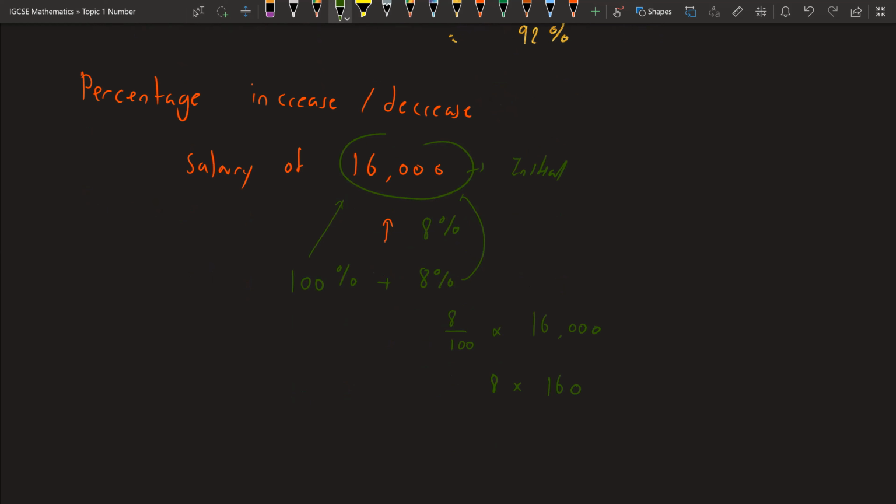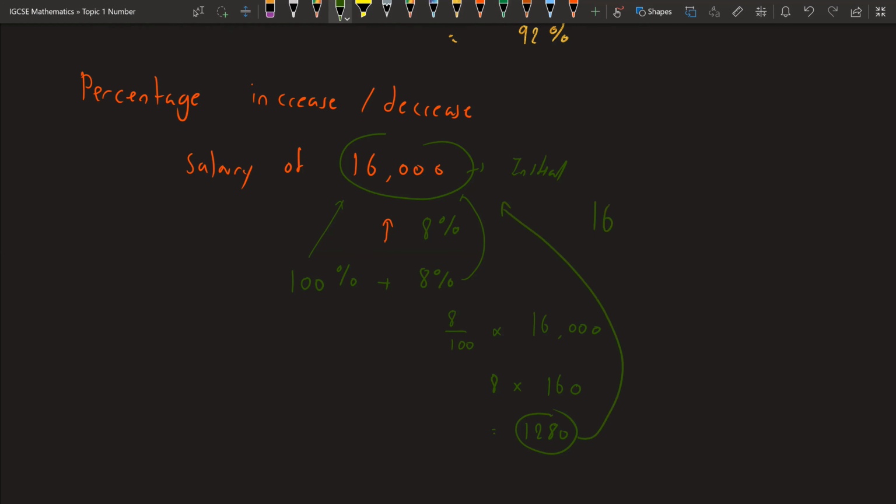That is equal to 1,280. So there'll be an increase of 1,280. Could be dollars, could be rupees, could be Thai baht, could be sterling, can be any currency you want, just an increase of 8%. So that would be added to that.